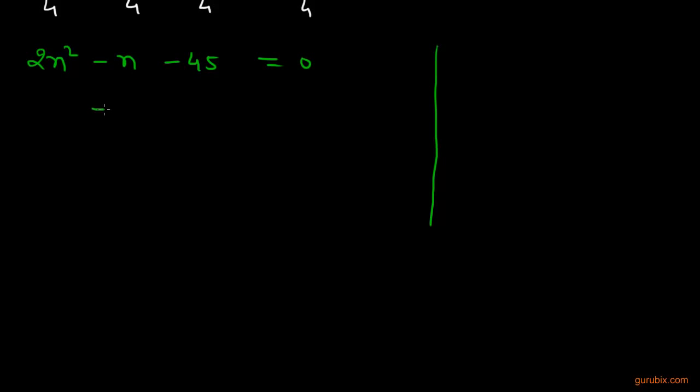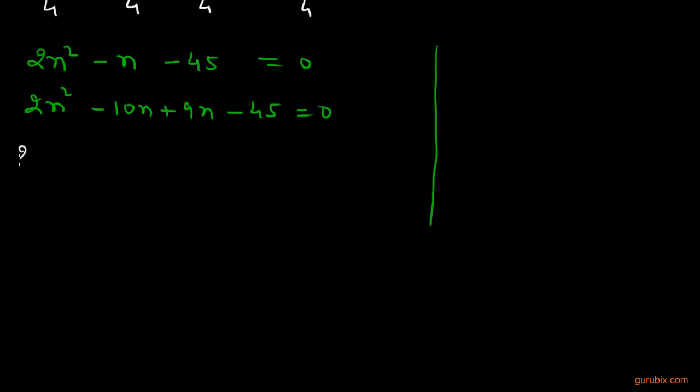And what we get? We get 2n square minus 10n plus 9n minus 45 equals 0. How we get this value? We have already told you in another video, so you are requested to learn this method in that video.